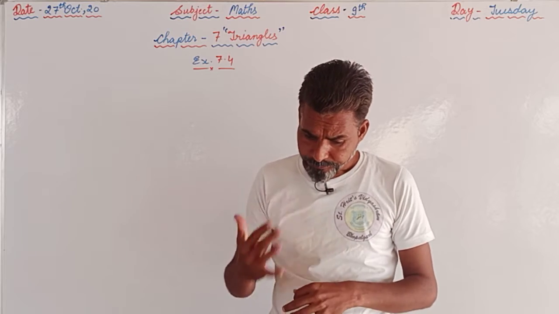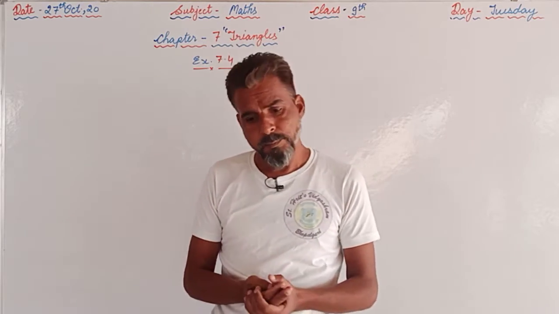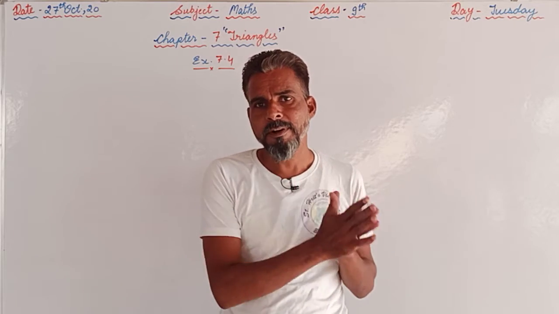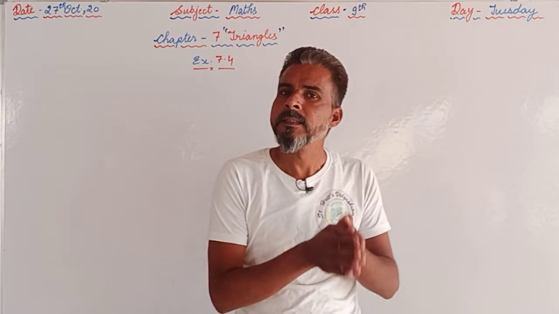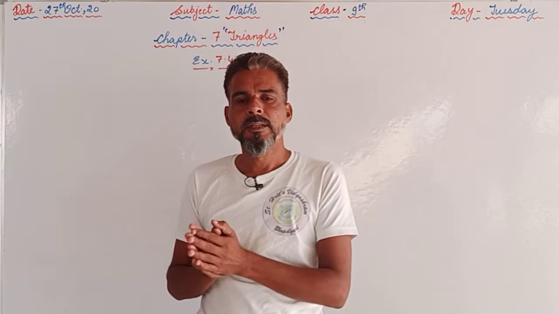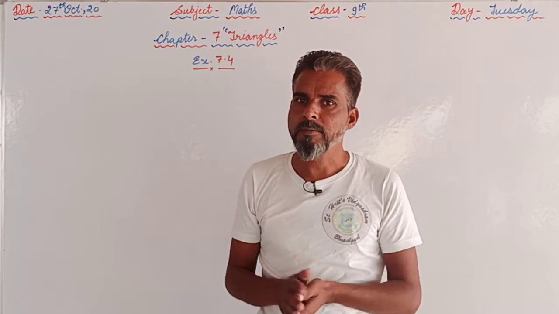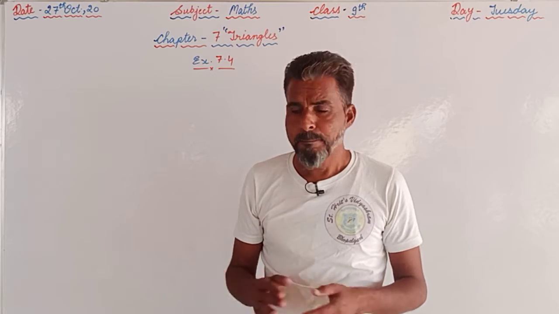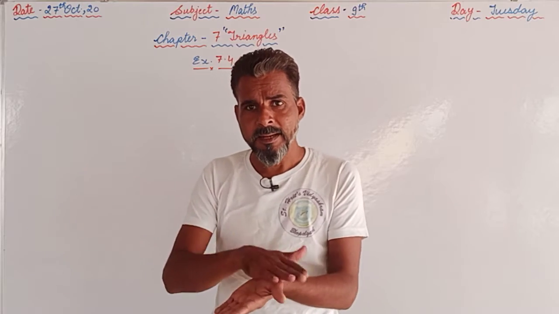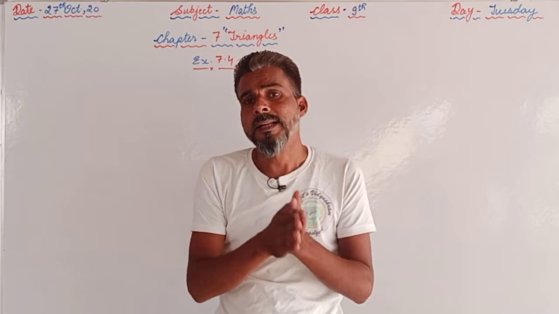During the process of proving two triangles congruent, we are supposed to use the 5 criteria. The first one is side. If 3 sides of a triangle are given equal to the 3 corresponding sides of the other triangle, then we can say the triangles are congruent by side criteria. Afterwards, side, then angle, then angle, side, and at last the RHS.